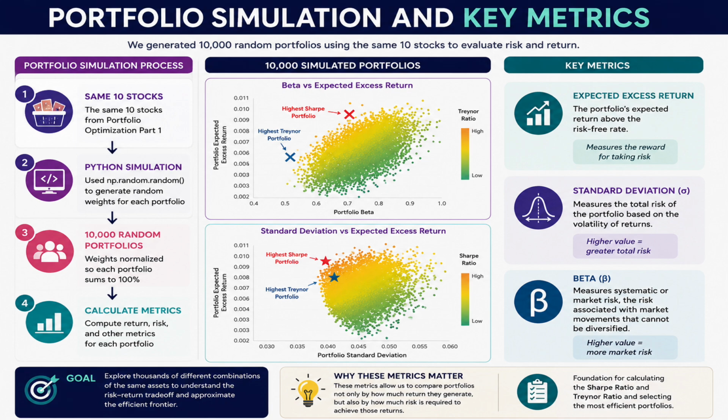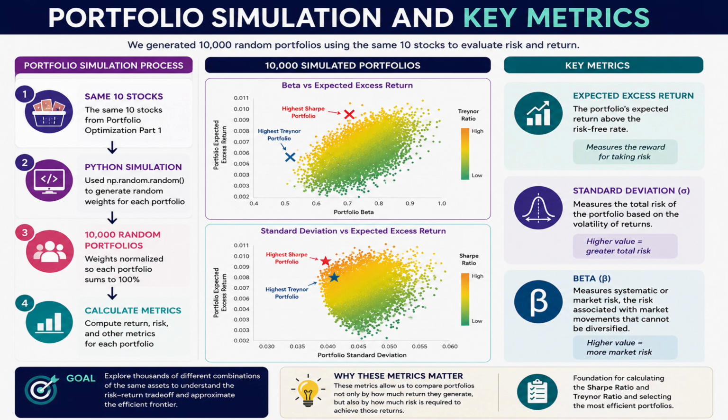To evaluate each portfolio, we calculated several key metrics. The first key metric is expected excess return, which measures the portfolio's expected return above the risk-free rate. This represents the additional reward an investor expects to earn for taking on risk. The second metric is standard deviation, which measures total portfolio risk. It captures how much portfolio returns fluctuate over time, with higher values indicating greater uncertainty and volatility.